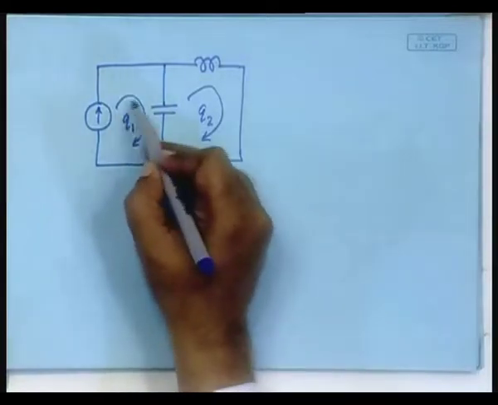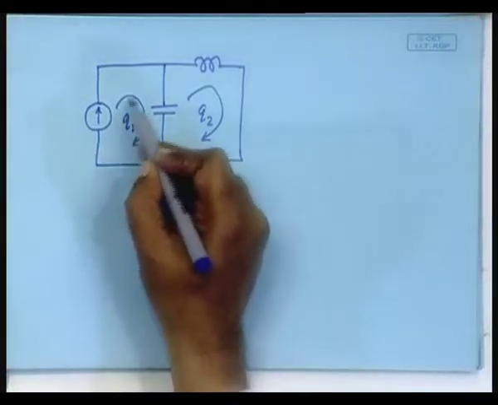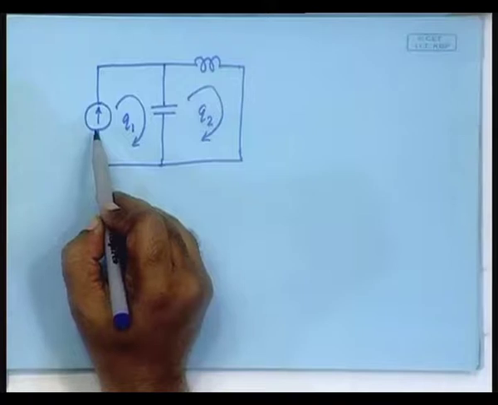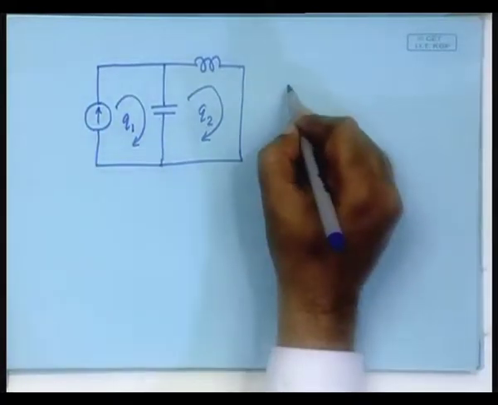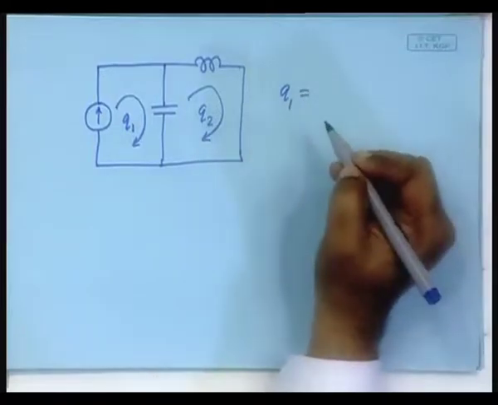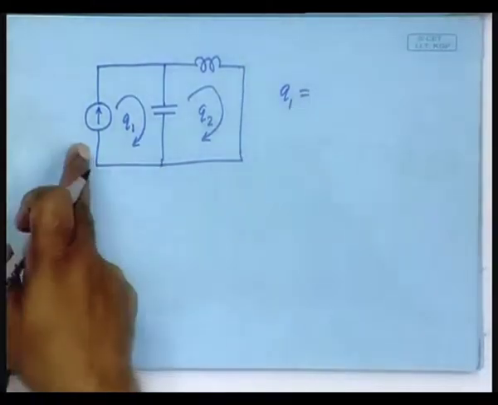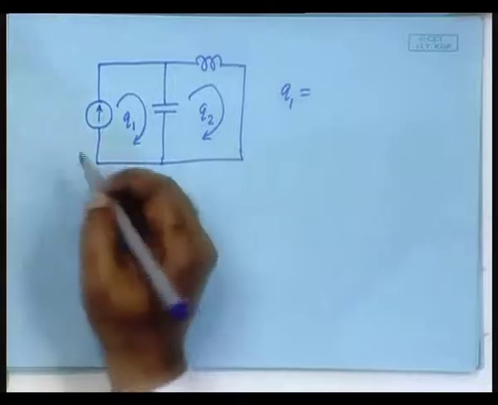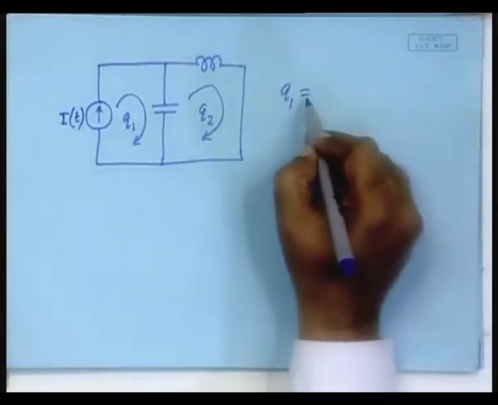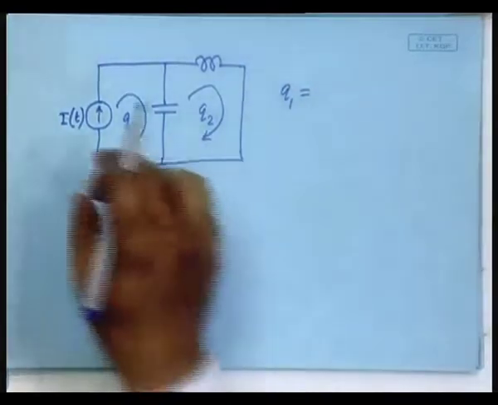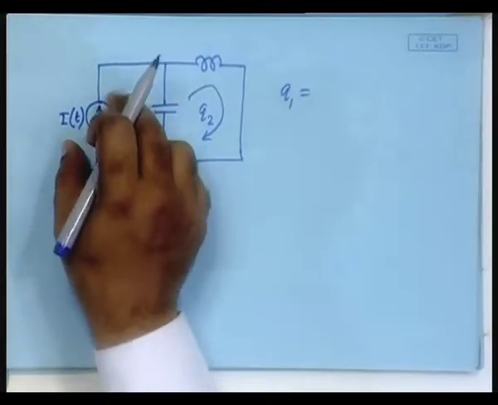Now notice that Q1 dot is nothing but I, and therefore Q1 is the integral of the independent current source. So, this is say I of t. It is the integral of the externally imposed current starting from 0 to now.